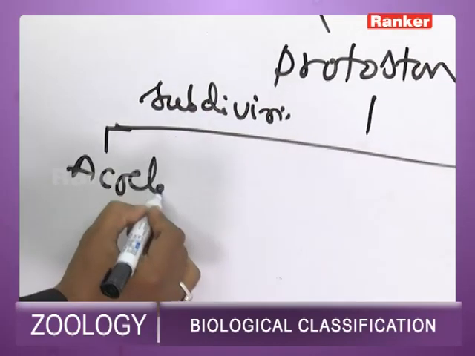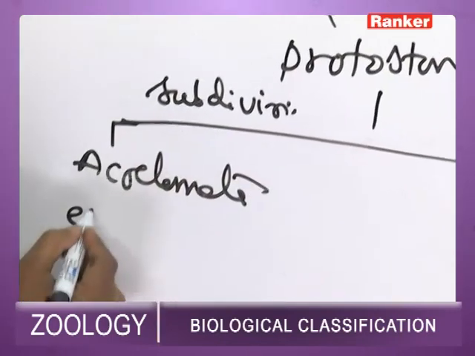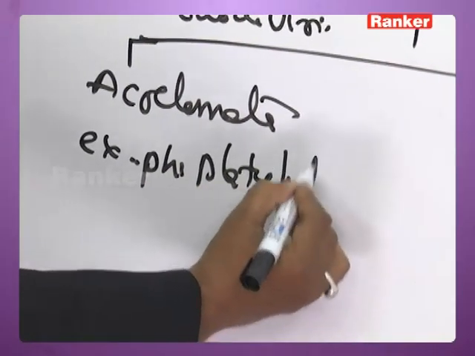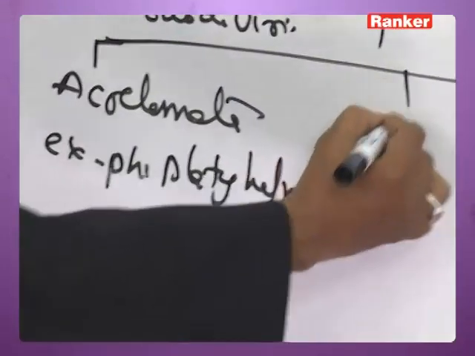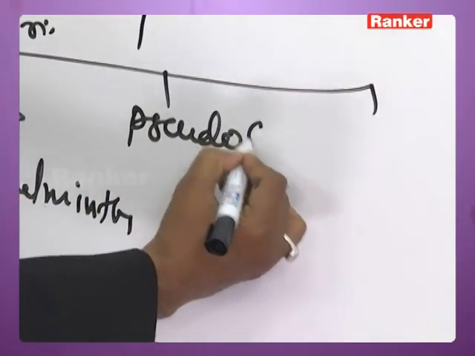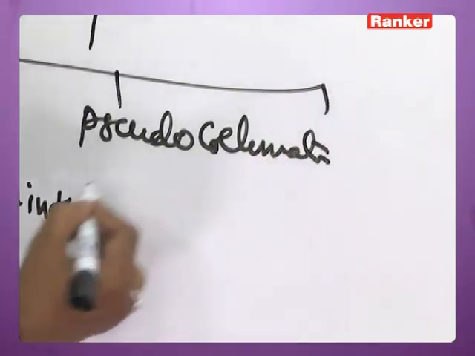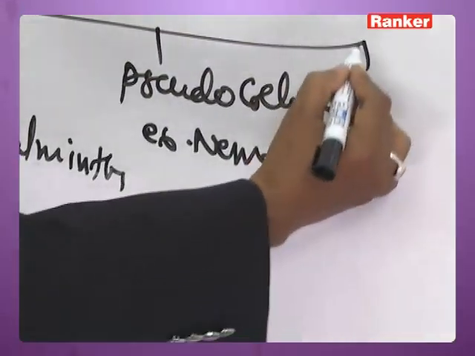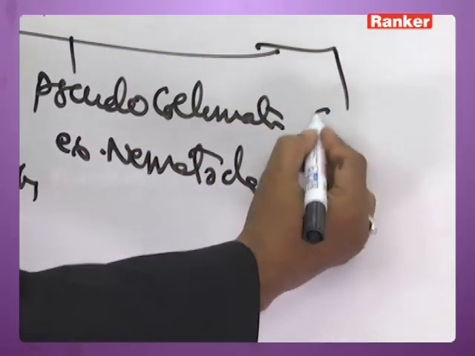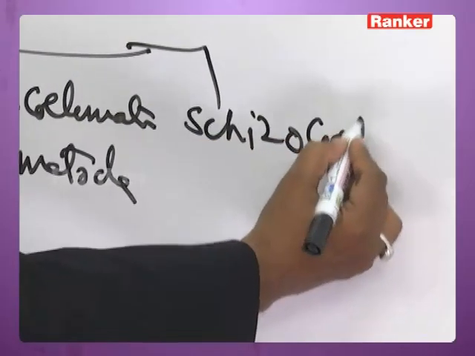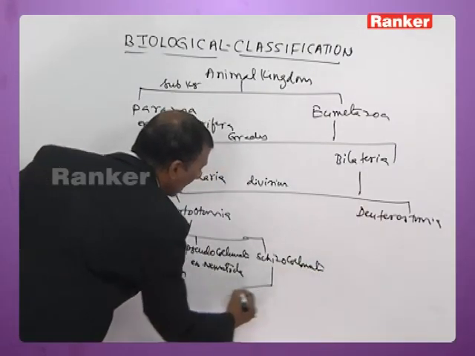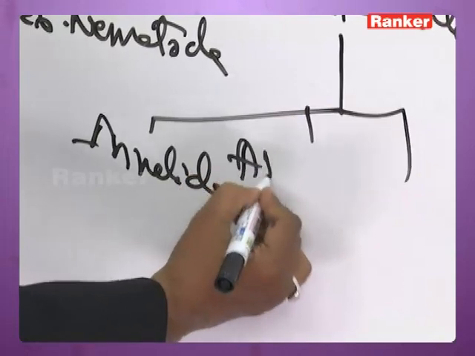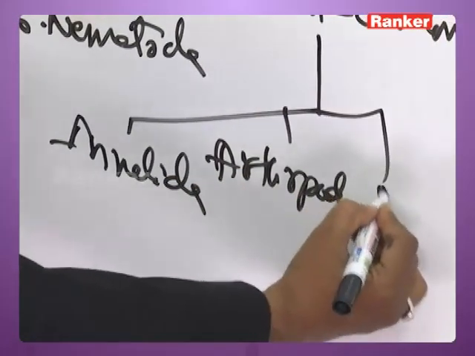Subdivision Acoelomata, under which you have, for example, phylum Platyhelminthes. Pseudocoelomata, for example Nemathelminthes. Schizocoelomata, examples you have Annelida, Arthropoda, Mollusca.